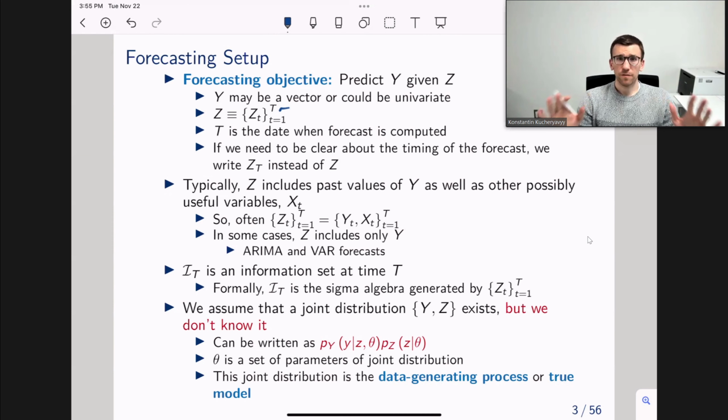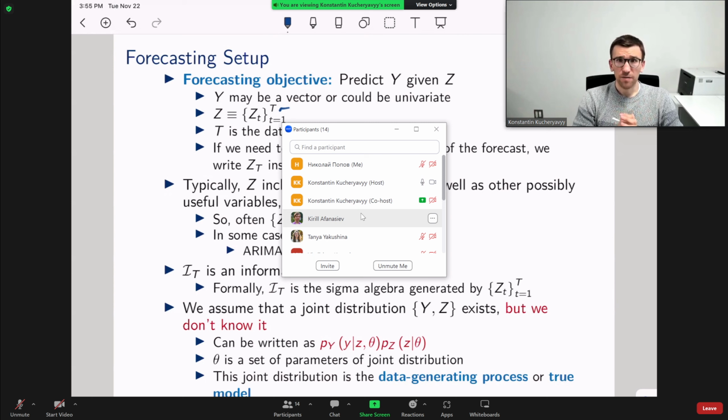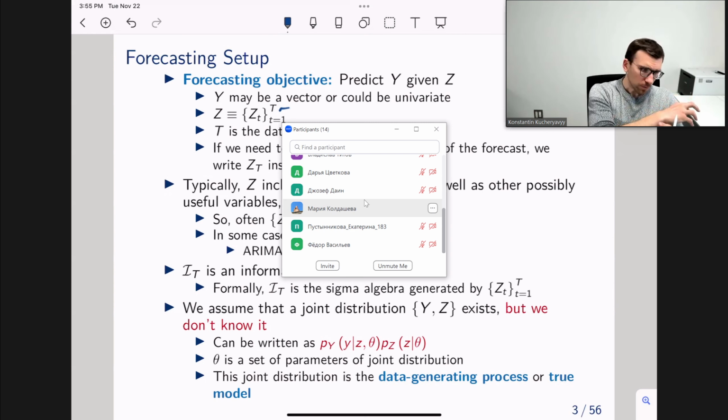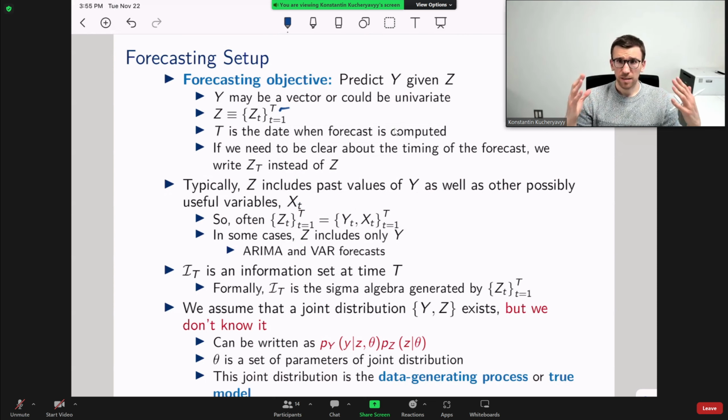What is the big difference between cross-section and time series sequential data? The big difference is the dependence. If the data are arriving independently from the previous observations, then we are in effect in a cross-sectional setup.